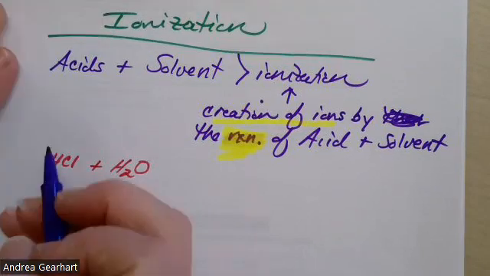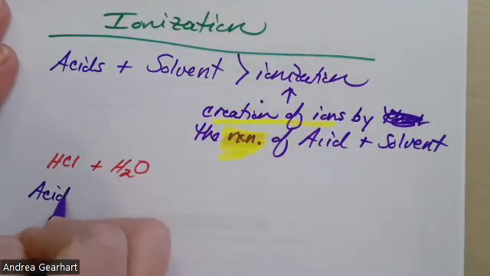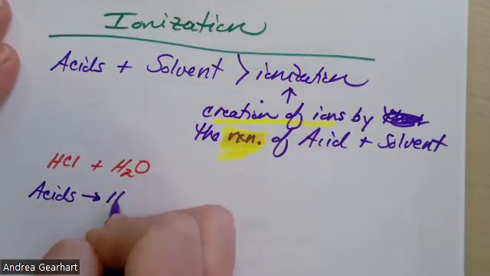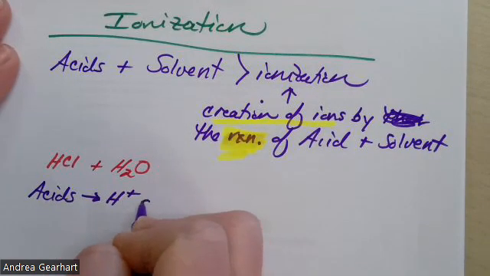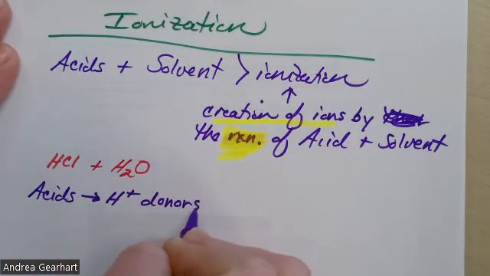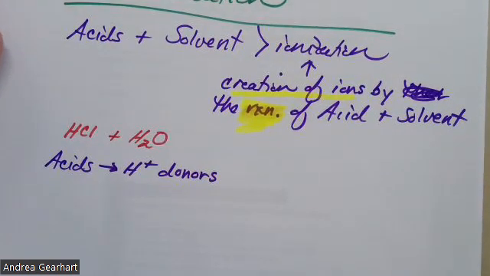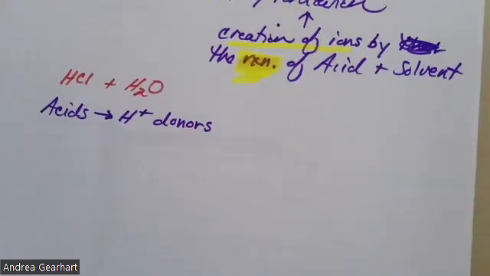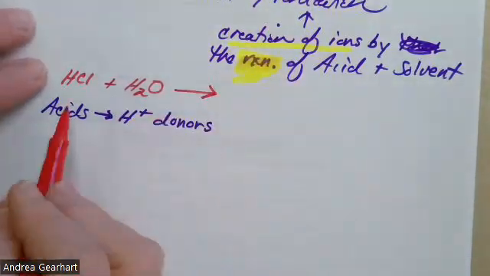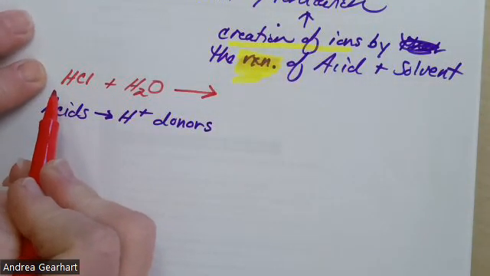So good, Isaac. Acids are hydrogen ion donors. That's how we define an acid. Hydrogen ion donors. Now, there can be some exceptions, but that is the overwhelming majority. Okay. What on earth does that mean? Okay, Ethan. I am saying acids donate hydrogen.